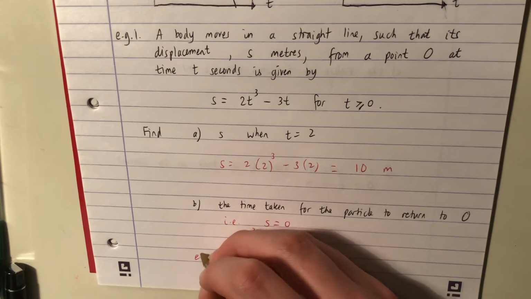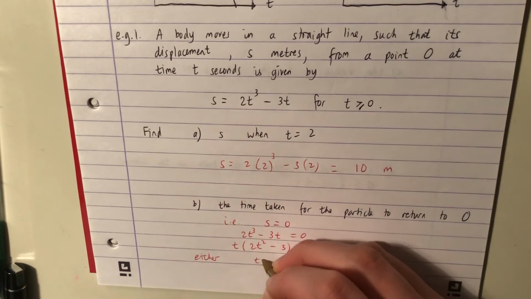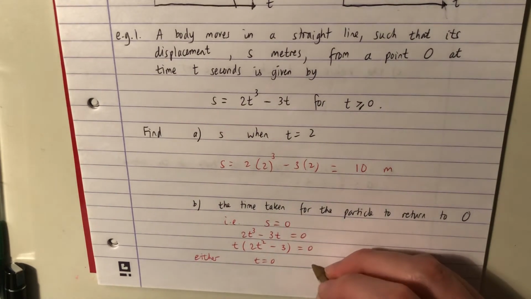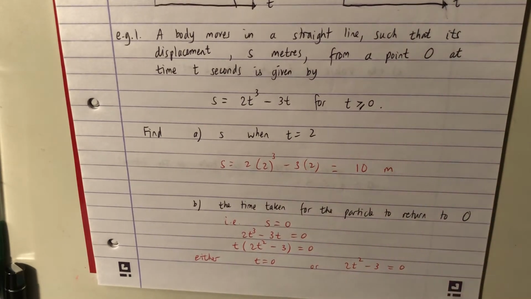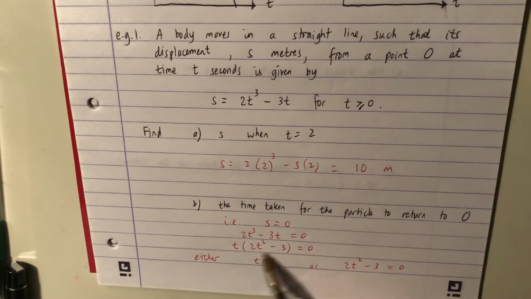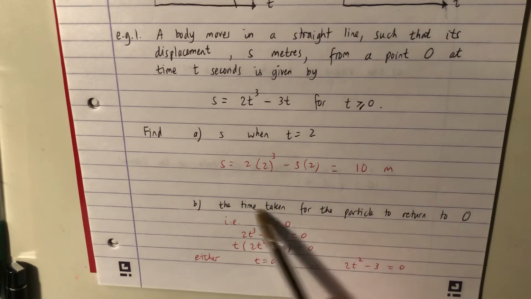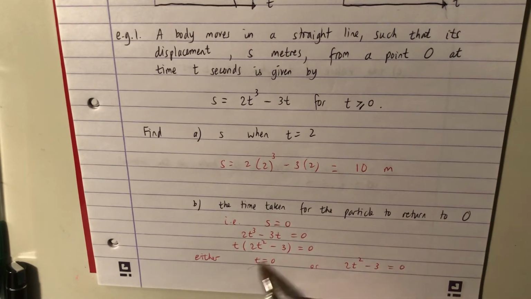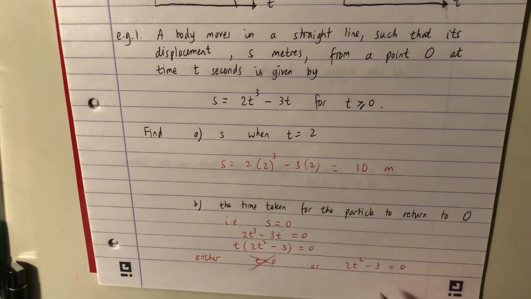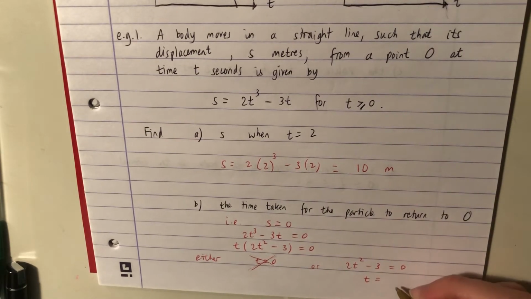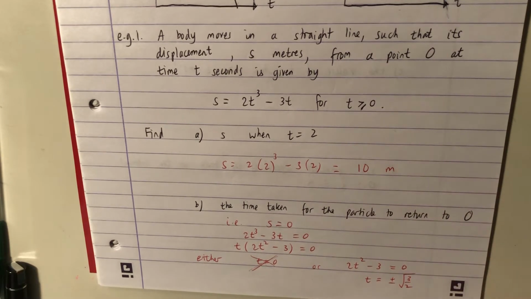And then you can say either t is equal to 0 or 2t squared minus 3 is equal to 0. Now it's obviously not that time, is it? Because t is equal to 0 is already at the starting point, so for the time taken for it to return, we can ignore that one for this question. And if you make t the subject in this, you get t is equal to plus or minus the square root of 3/2.